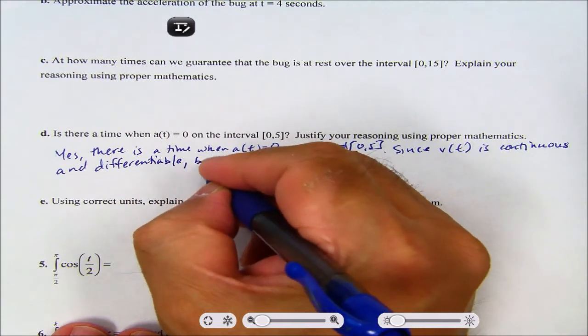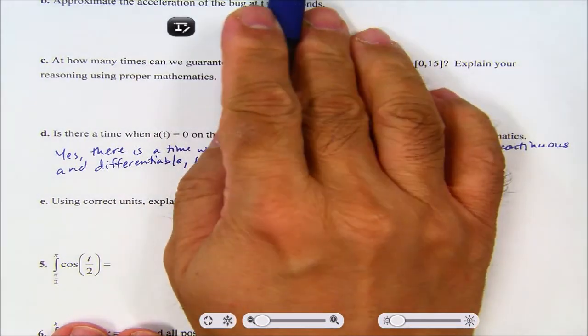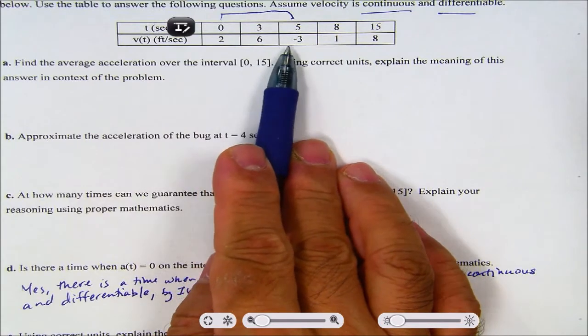by the IVT, we're going to use the Intermediate Value Theorem to establish v of t equals 2 on this interval.